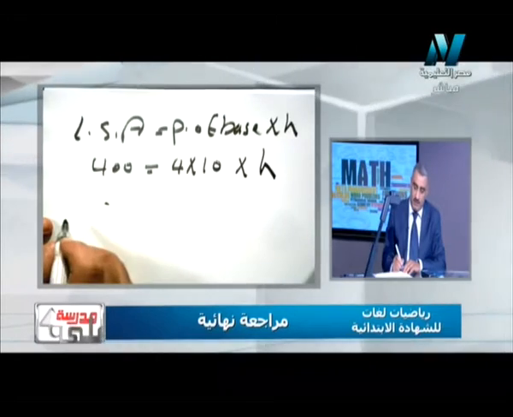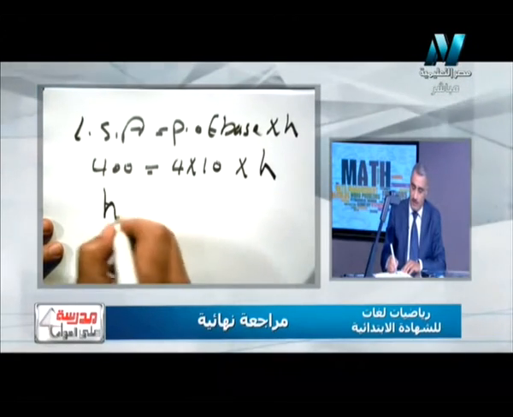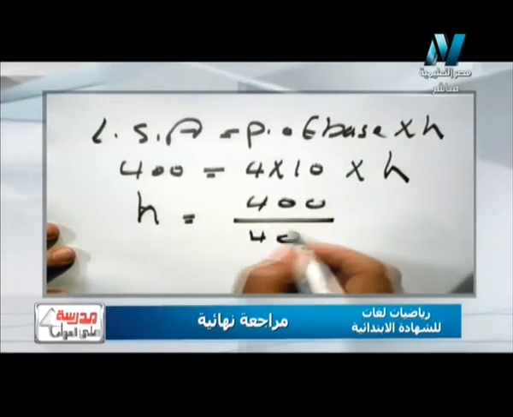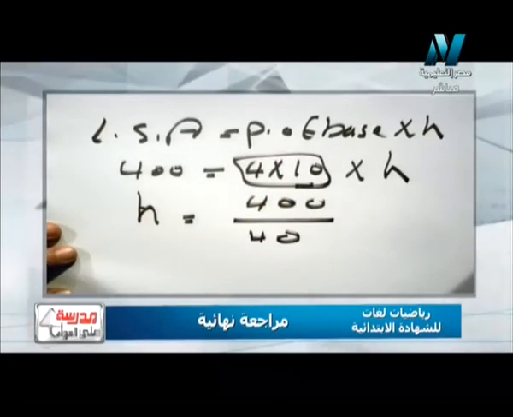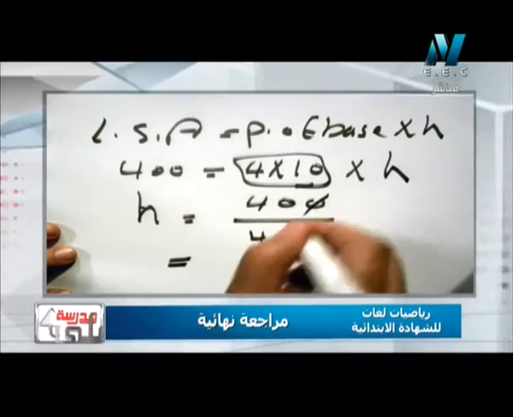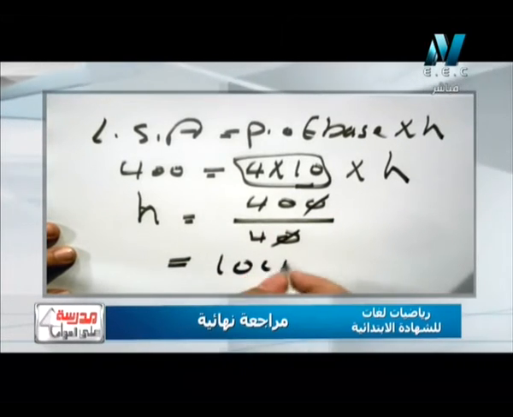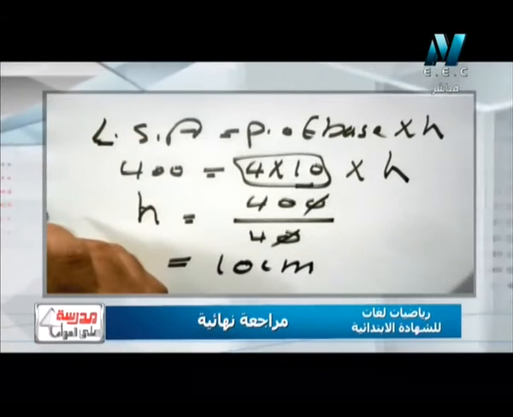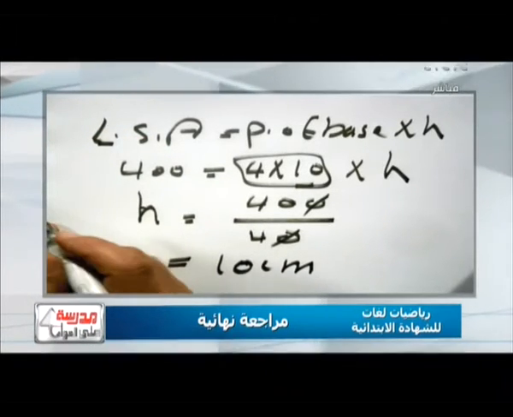It's so easy, my dear students, to get the height. Just divide 400 by 40. Okay? So the height in this case equals 10 centimeters. So the 400 is not the total surface area, it's the lateral surface area.